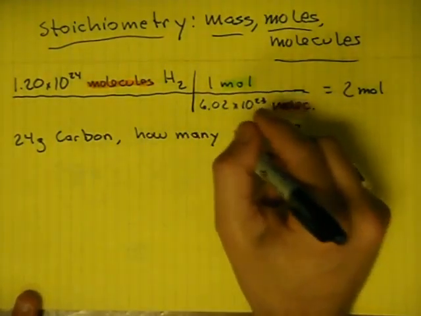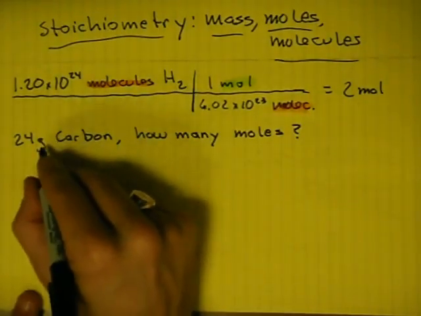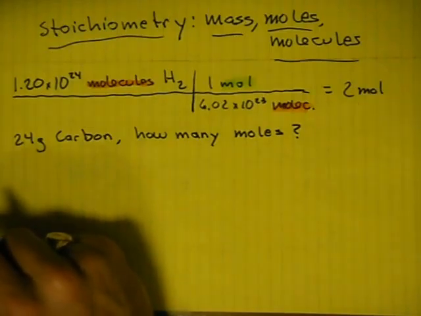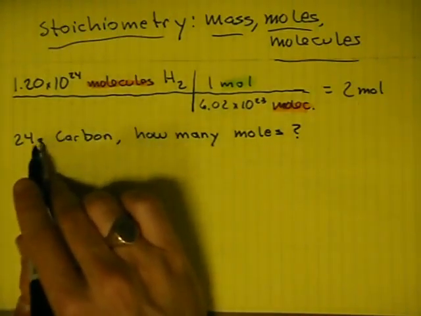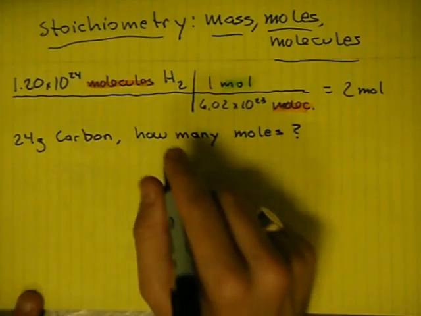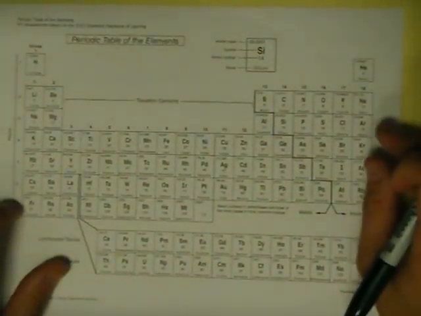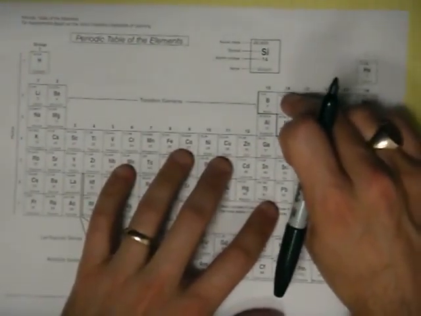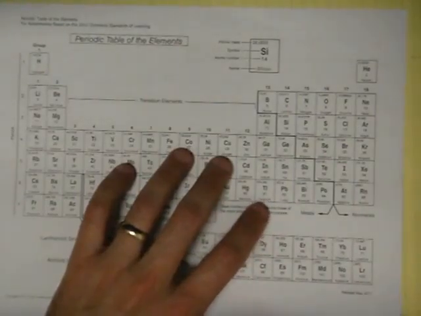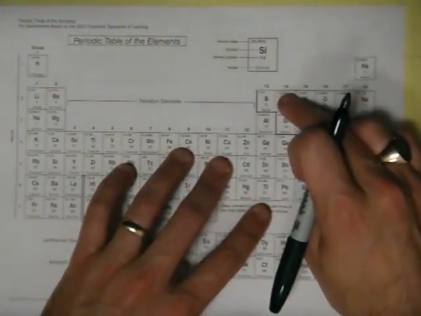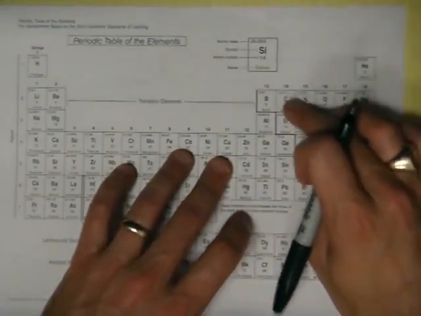So we start with carbon. What can we look up that gives us something that has mass and moles? Well, if we go back to our periodic table, we remember that this top number, which is protons and neutrons combined, is the atomic mass. And the unit is grams per mole.